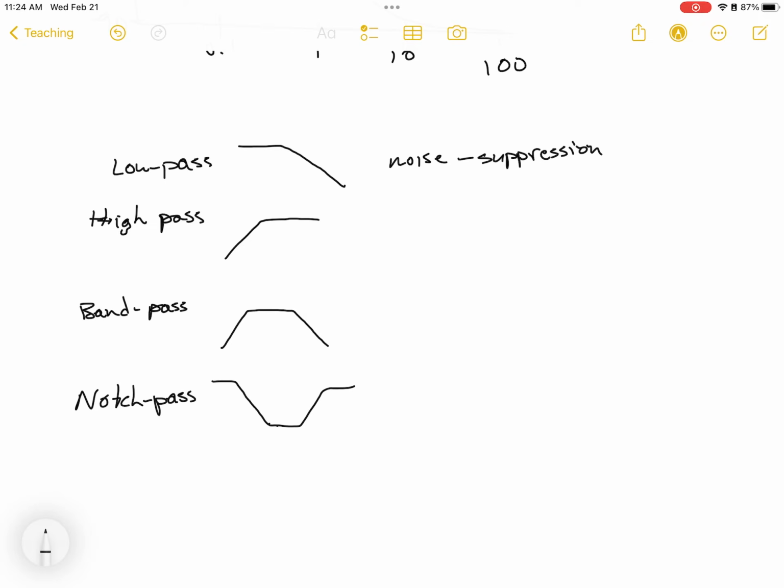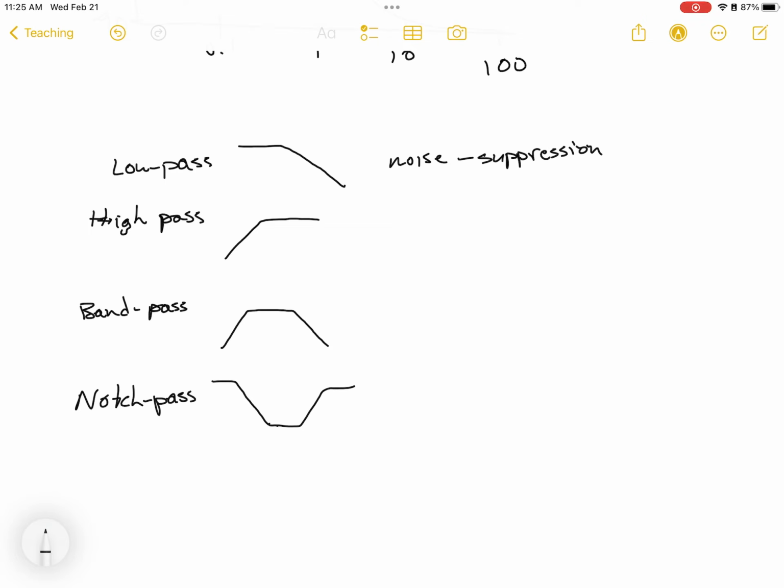The example that I use in mechatronics is if you have a light sensor that's going to be out both at daytime and at nighttime, you have a really low frequency noise in that system that comes from the sun going up and going down, and that ambient light is changing at a frequency of 1 cycle per day.